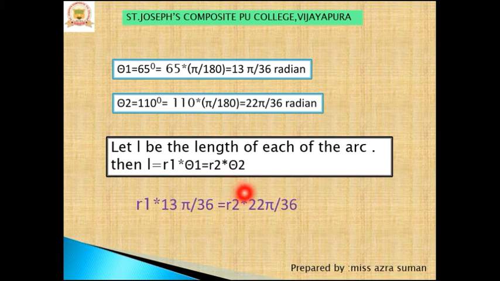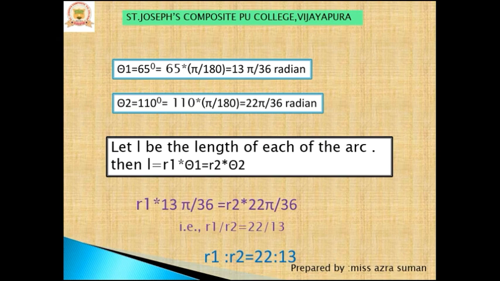R2 is in multiplication, so when it comes to the left side it goes to the denominator. Similarly, 13 is in multiplication, so when it comes to the right side it goes to the denominator. So R1 by R2 equals 22 by 13.